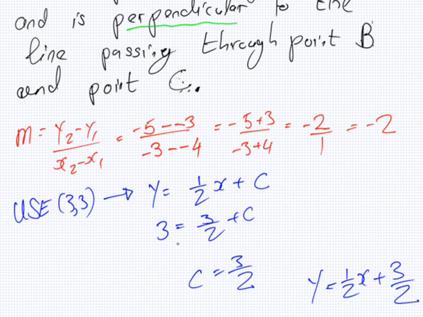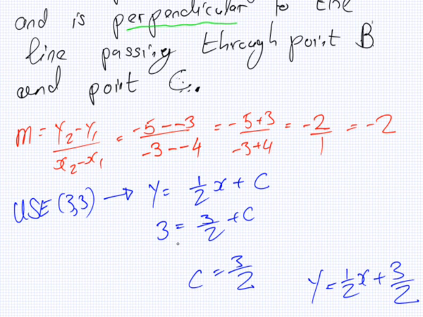First, what we'll do is find the slope from B to C. That's these two. You have a formula to do that: y2 minus y1 over x2 minus x1. From B to C, we'll call this one x1, y1, x2, y2.